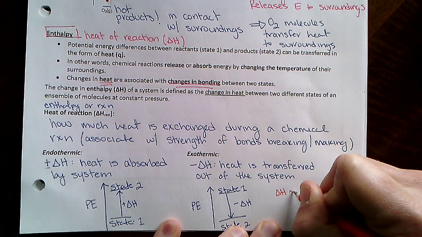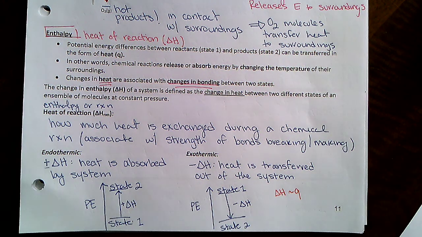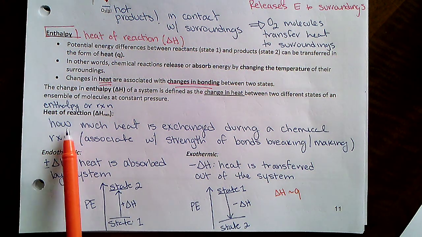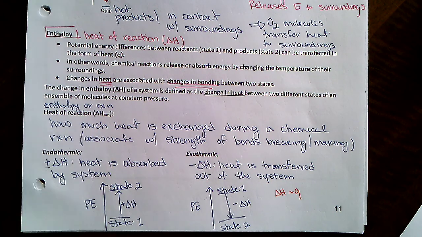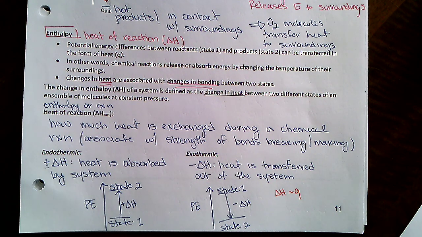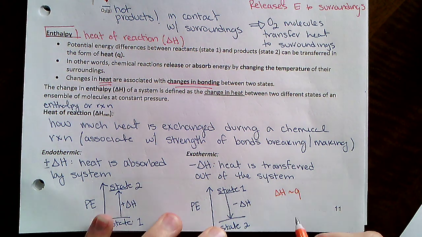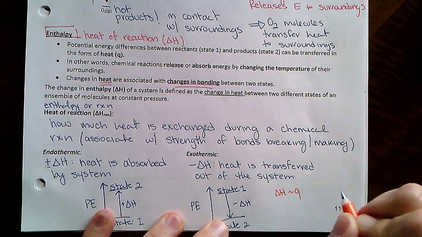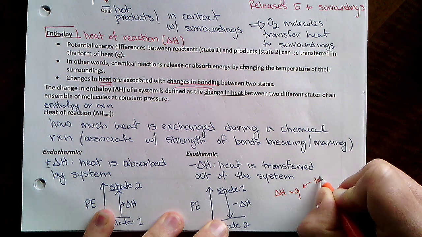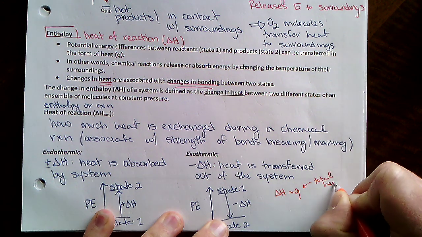is associated with Q. You might be asking, if we're talking about delta H as heat of reaction, why are we not just saying Q like we did in lecture 17? Q is associated with the change in heat, except for the fact that Q is a total heat that's exchanged.